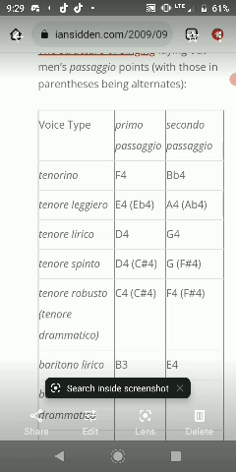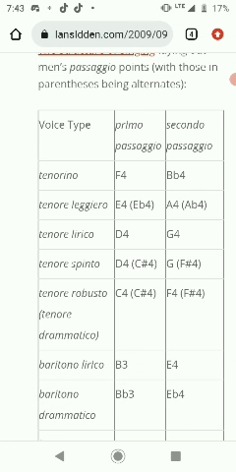So the tenorino ends their first passaggio at F4 and their second one at Bb4, which is higher than mine, because mine ends at about D4 and my second one ends at about A4, which means that would fit more with tenor ligero, which is still a higher tenor, honestly.